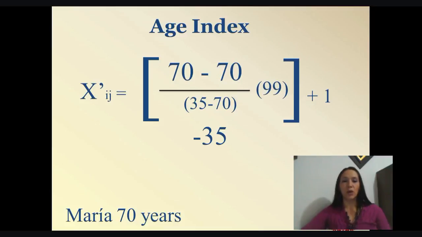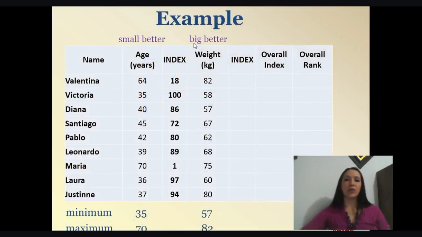And the last example with the age is going to be with Maria, that is 70 years. So we have 70, that is the number that I'm going to change, and in this case, minus 70, that is the highest number, the biggest number in this case. So what is the result? The result is 1. As you notice, I calculated all the index numbers that you see here. But what do you have to analyze here?